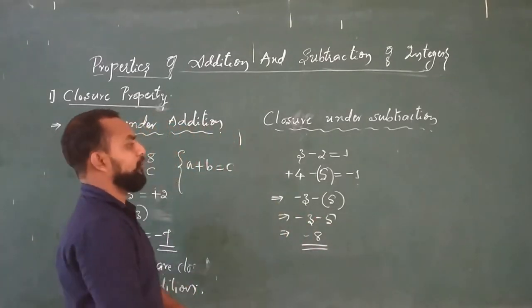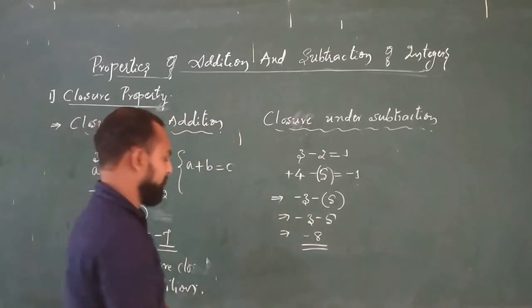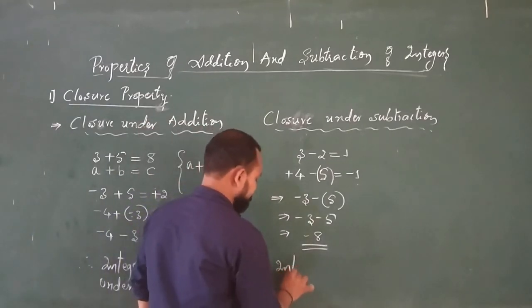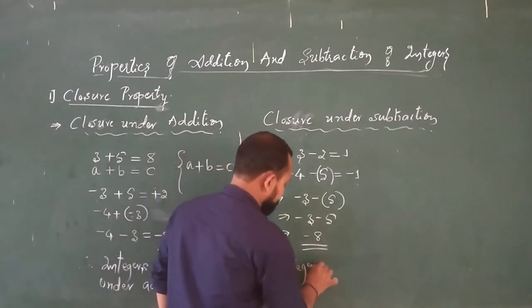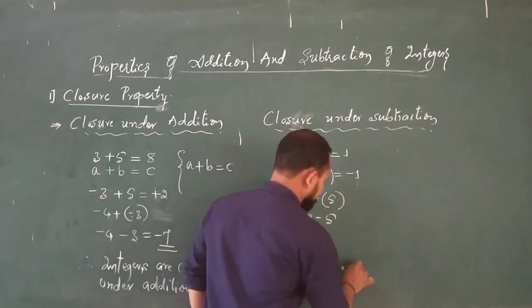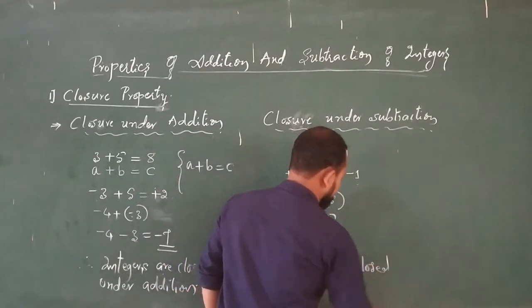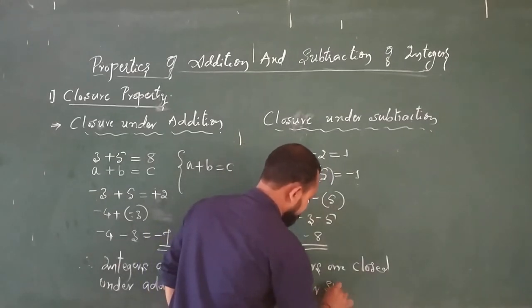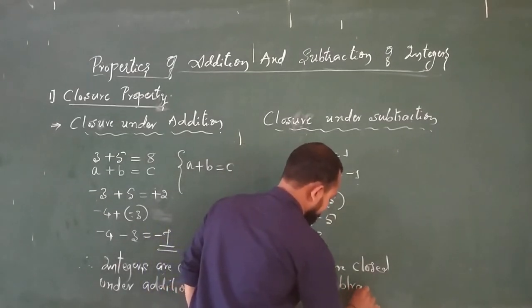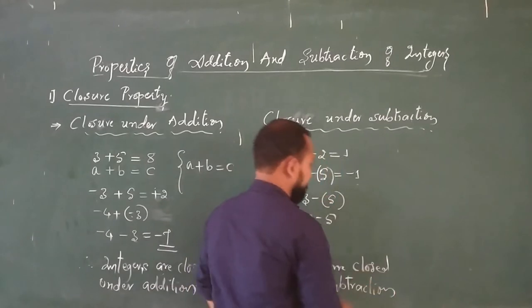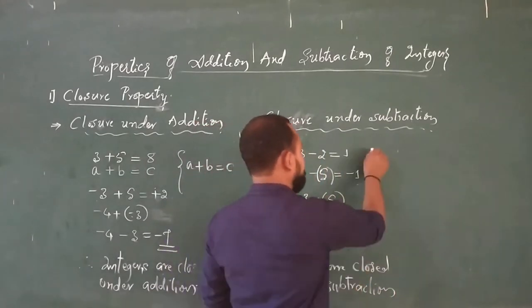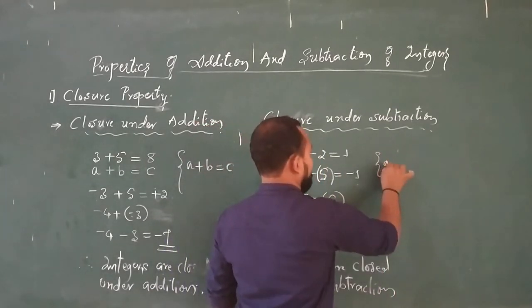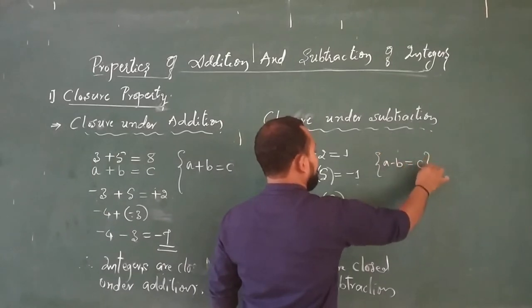Therefore, integers are closed under subtraction. The general form is A minus B is equal to C.